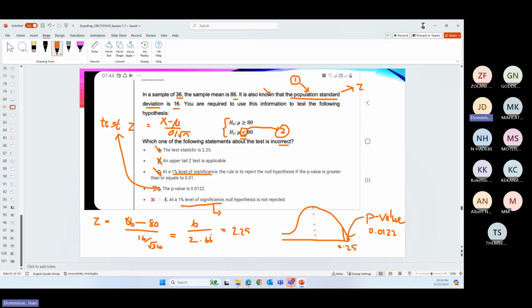So here we work with a p-value that is greater than that.